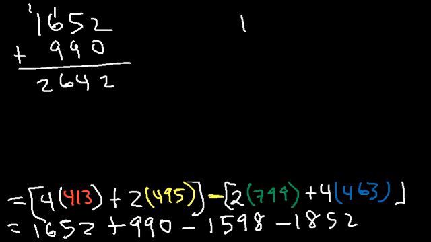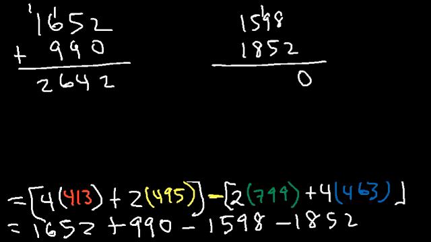Now let's add the two negative numbers, but we're going to add them as if they're positive, and we'll add the negative sign later. So 1598 plus 1852. 2 plus 8 is 10, carry the 1 over. 1 and 9 is 10 plus 5, that's 15. 5 and 8 is 13 plus 1, that's 14. And 1 plus 1 plus 1 is 3. So this is 3450, but negative 3450.